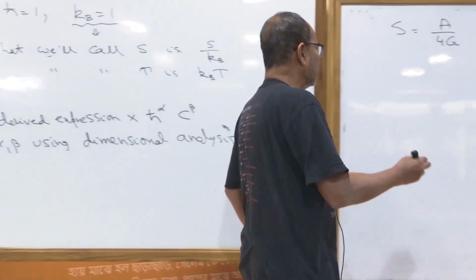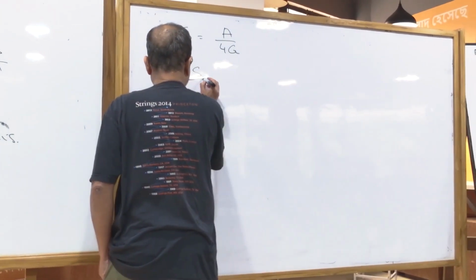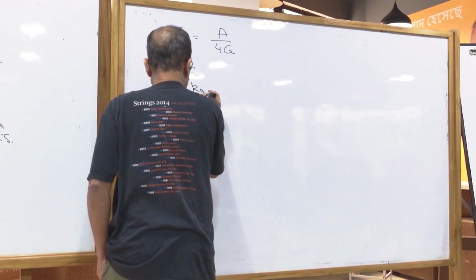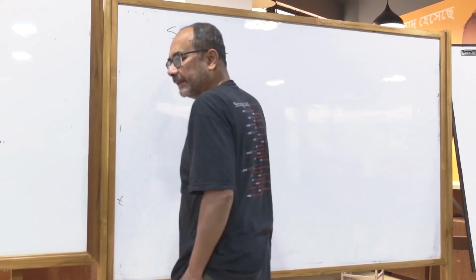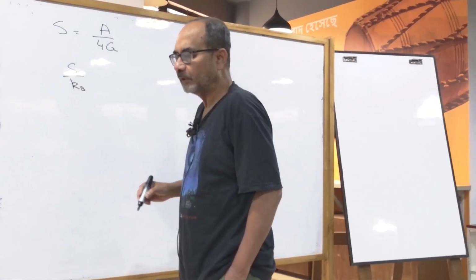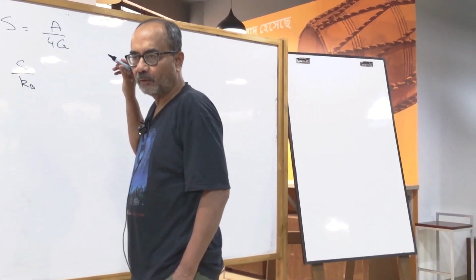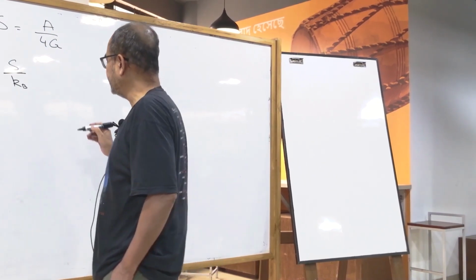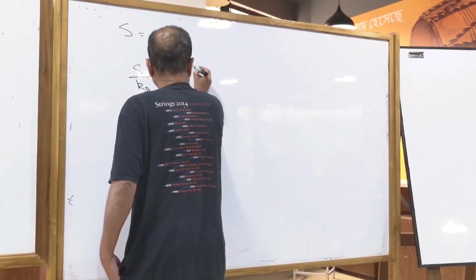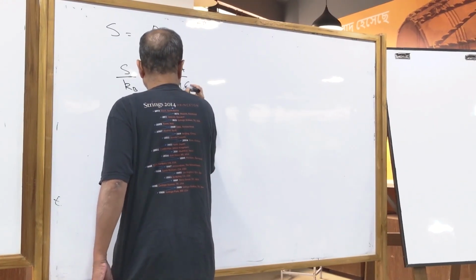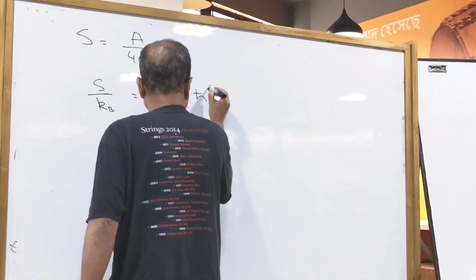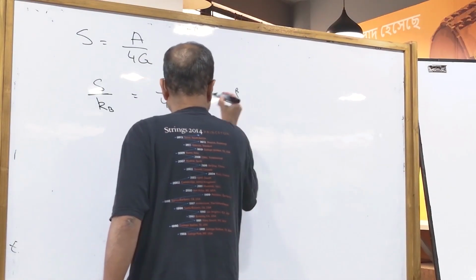So, from what I said, this formula is S over KB, because KB appears always in this combination. There is no temperature here, so you don't have to worry about KB accompanying temperature. This is equal to A over 4G, H bar to the alpha, C to the beta.